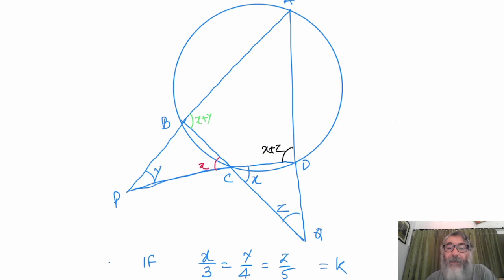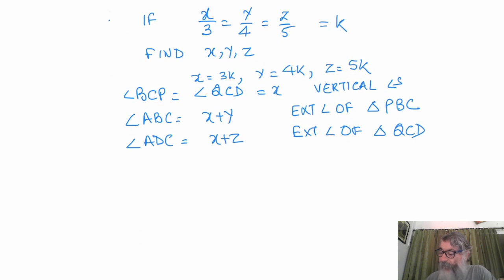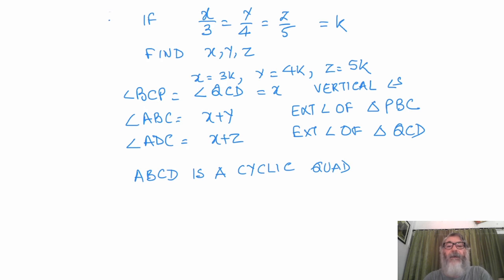ABCD is a cyclic quadrilateral. The opposite angles of a cyclic quadrilateral are supplementary. That is the property which we have been repeating.